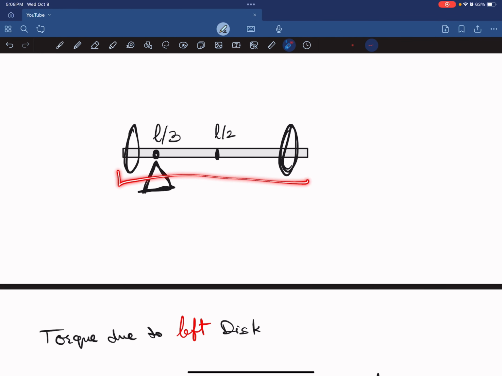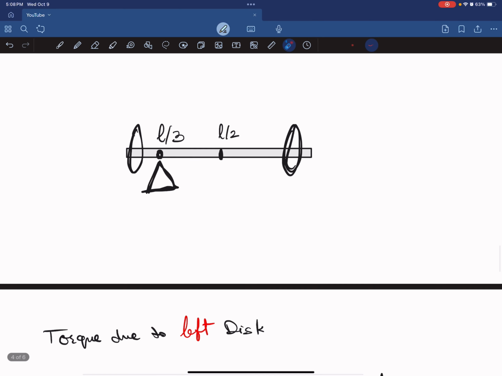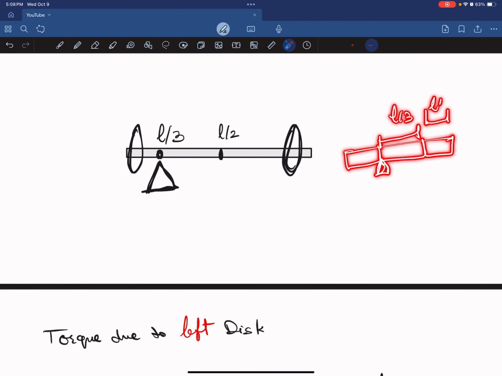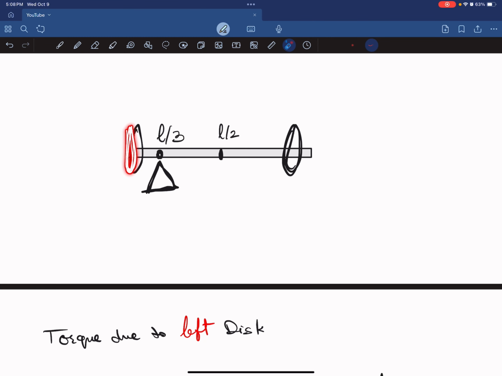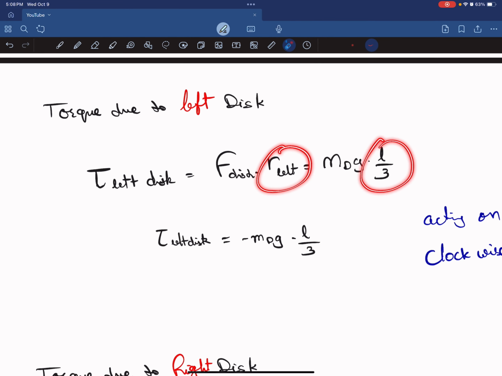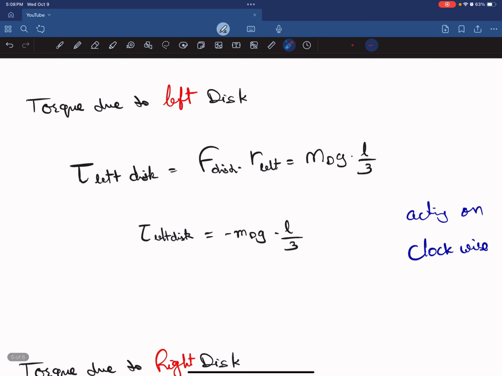Now if you divide our rod by 3, then this part will be L/3, this part will be L/3 and this part will be L/3. So we can take this distance as L/3. So R will be L/3 and F will be mg, which is Md g. So this is the equation for the torque due to the left disc.